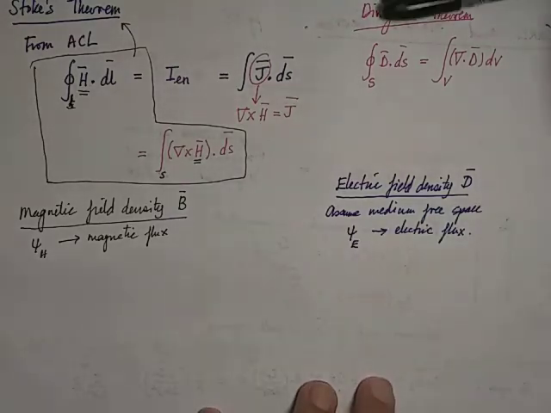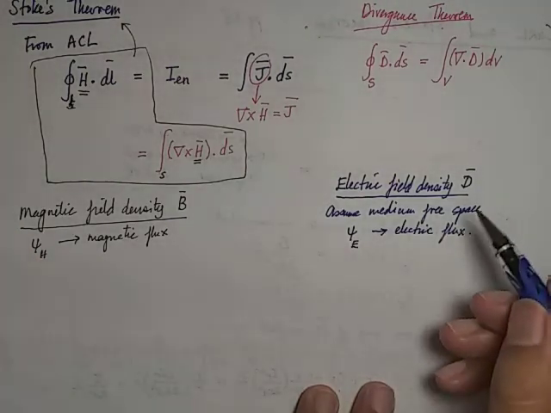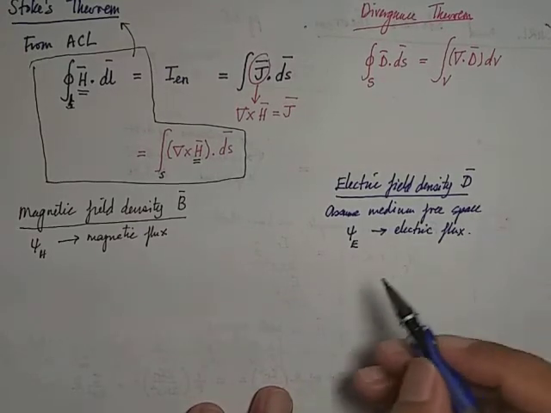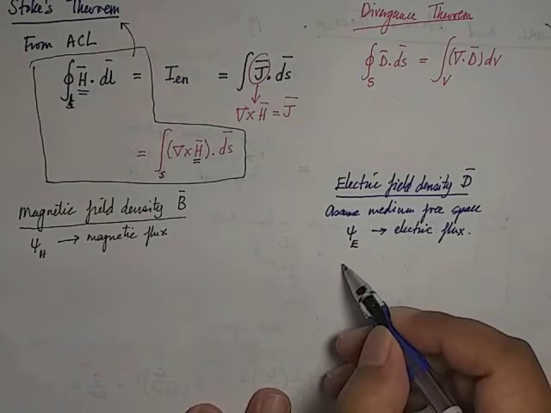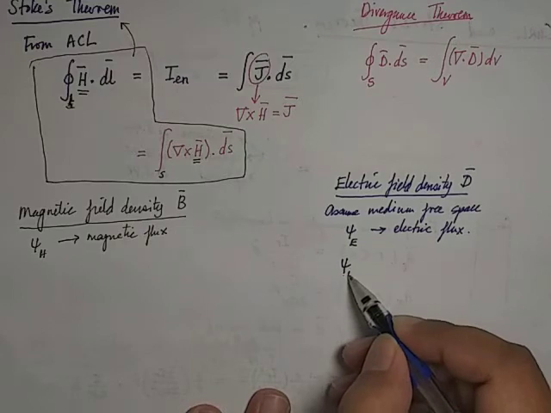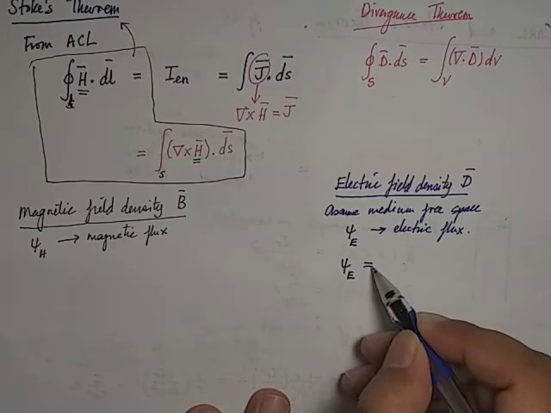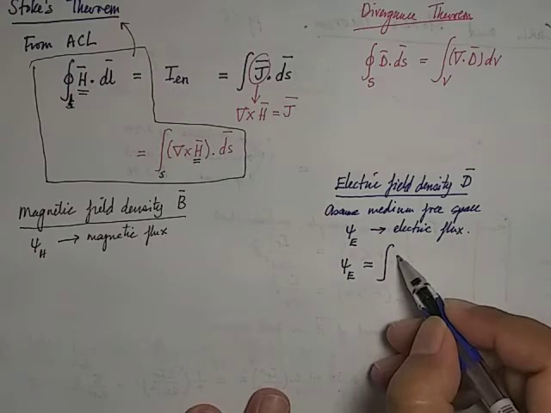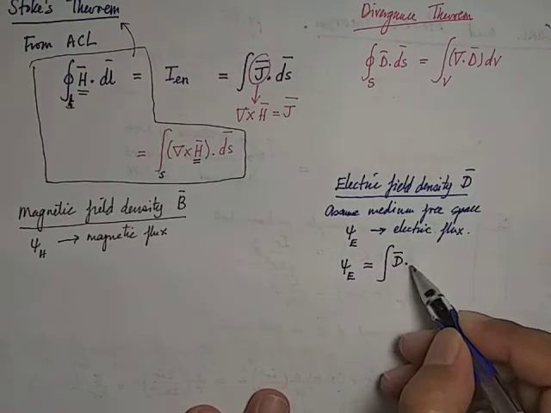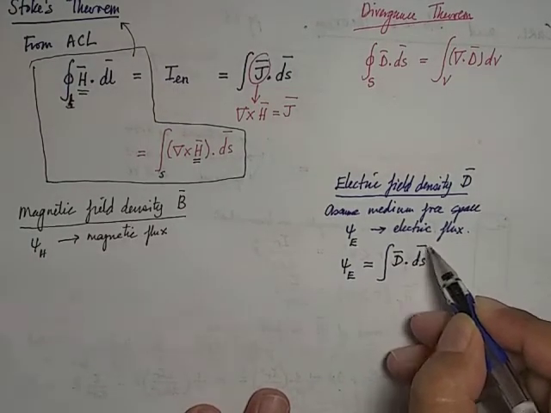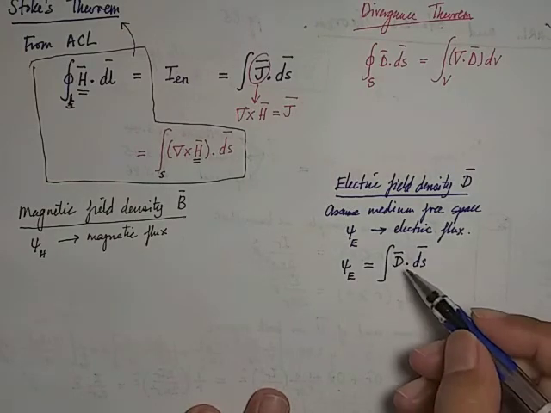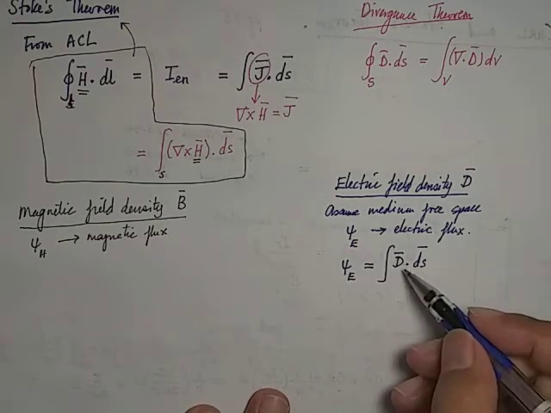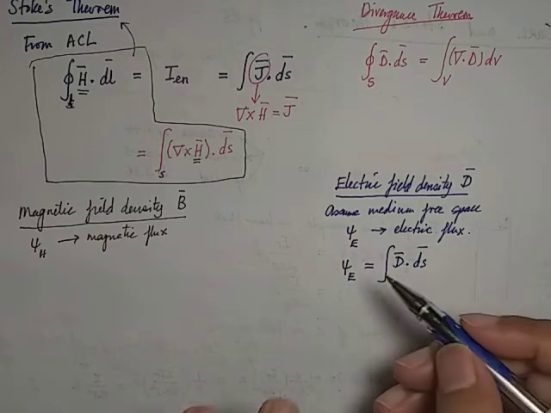So then I already know the way I'm going to relate the electric flux to the electric flux density, by stating that electric flux is equal to the integration of what? D dot dS. Okay, that's how we relate electric flux density to electric flux.